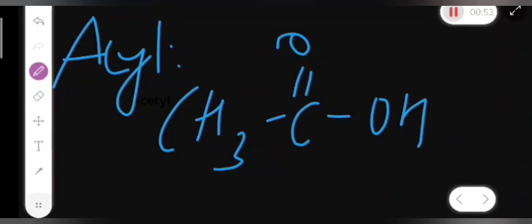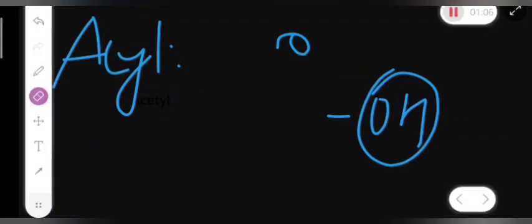If we somehow can remove this OH group, then what will we get? Let's examine. In order to remove that OH group, we have different ways, right?